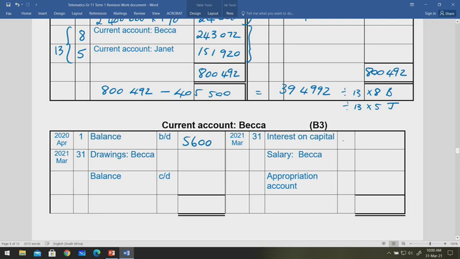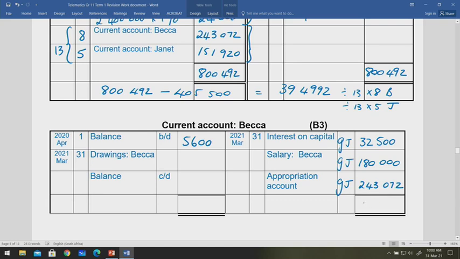Everything that is granted to Becca must go on the credit side, and this will all be general journal entries. The interest on capital, we've already calculated that. We've seen that her interest was 32,500. The salary, we've already calculated that in the appropriation account, and her part of the final distribution, 243,072.